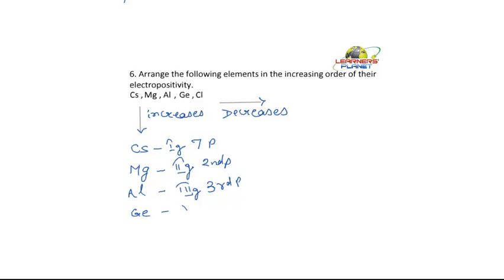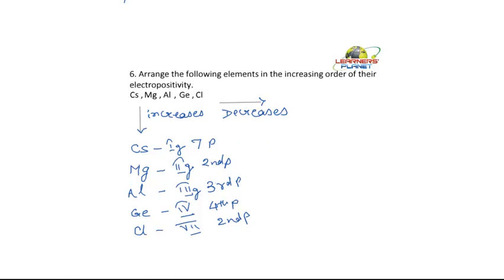Germanium belongs to the fourth group and which period? Fourth period. Chlorine belongs to the seventh group and second period. Okay, so if cesium, I'll arrange like lithium, sodium.